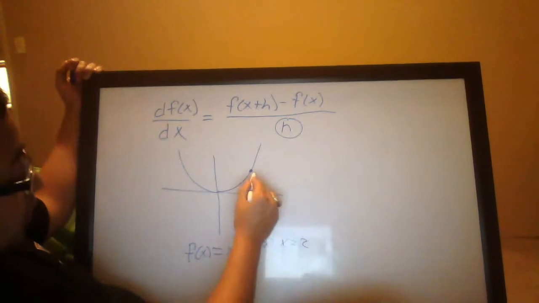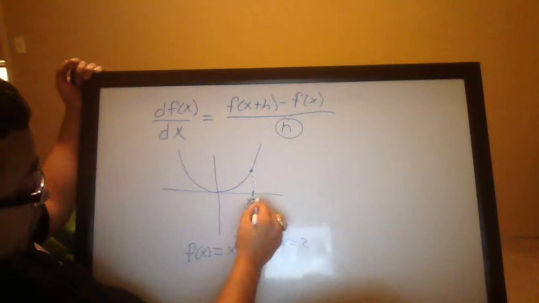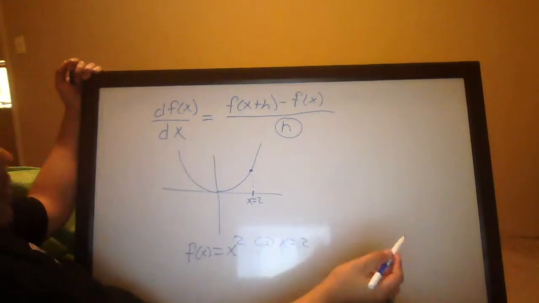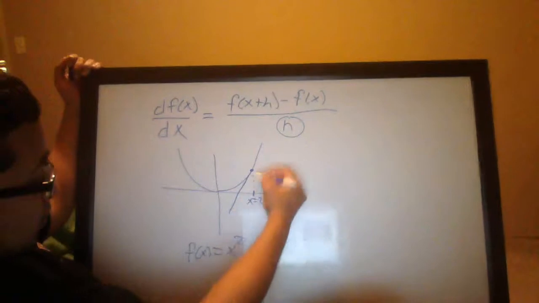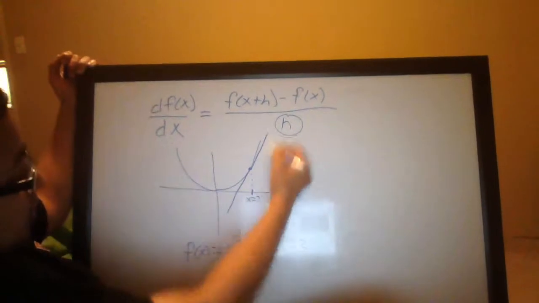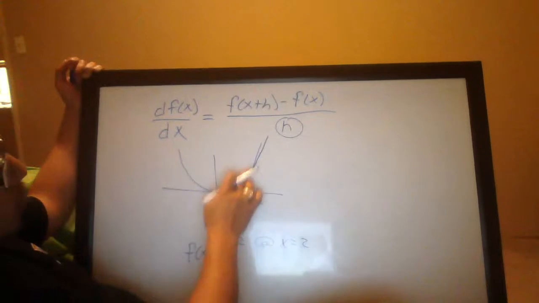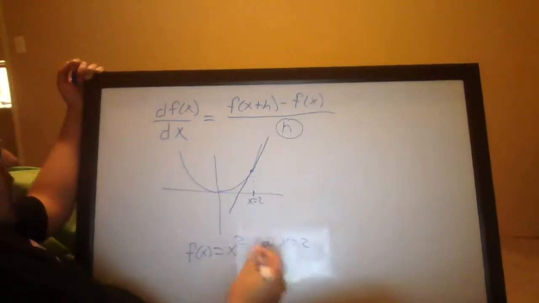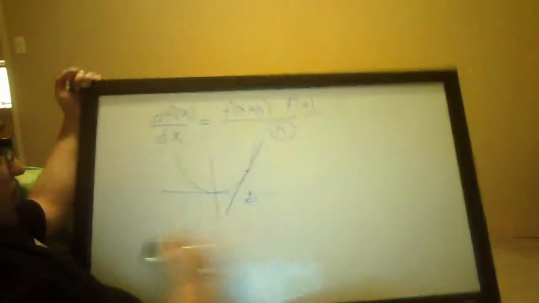So this point right here would be x equals 2. What's the derivative at that point? Well, the derivative at that point is the slope of this line at that point. It's just the slope at that point. So that's basically the definition of a derivative.